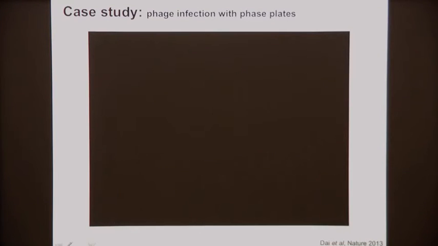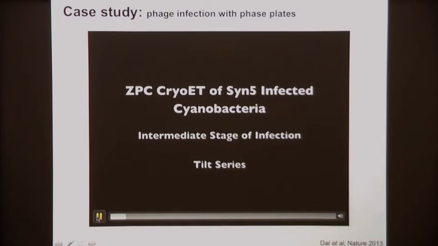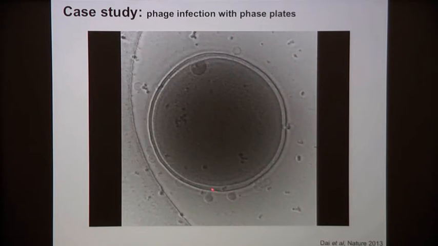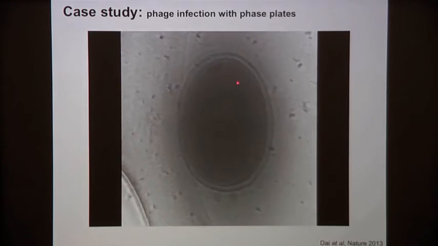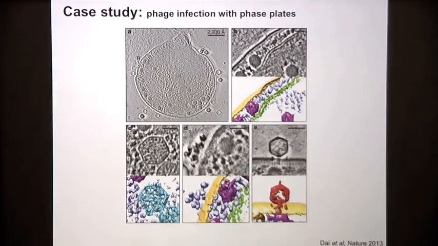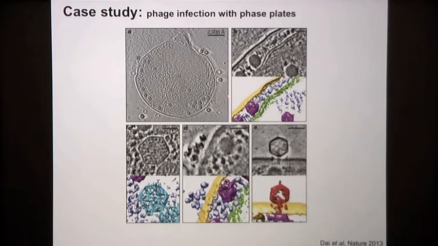And then they went and collected tilt series data of this kind of a sample, and you can see the contrast is just simply amazing. And then using this tilt series data, they could reconstruct tomograms, and in these tomograms you can see a lot of ultrastructure in these bacteria, you can see ribosomes, and you can see what they originally wanted to see, which was the infecting phage in these cyanobacteria.